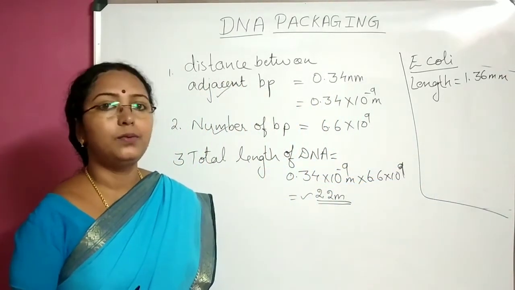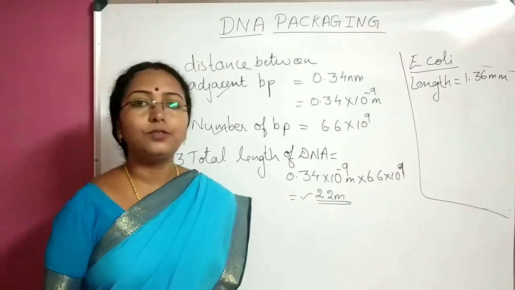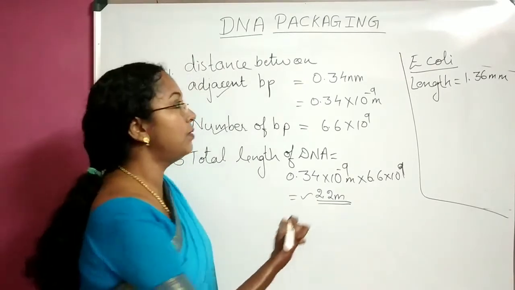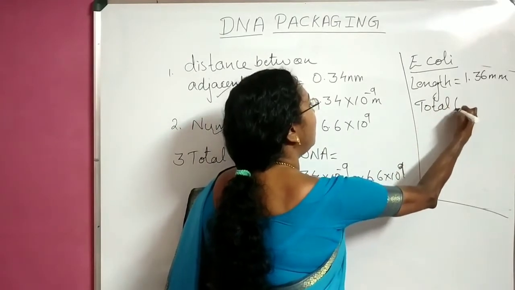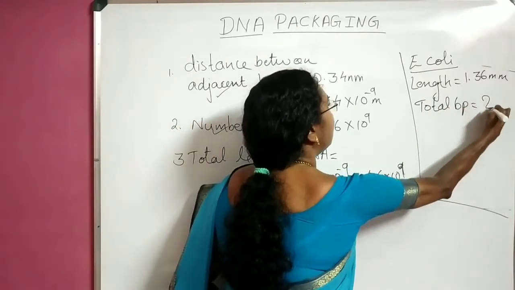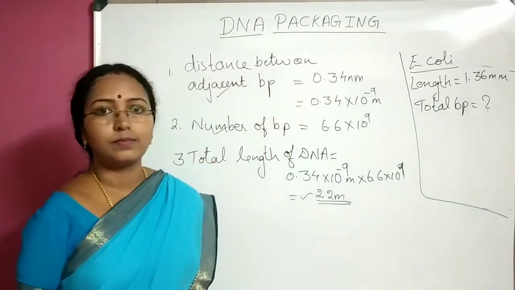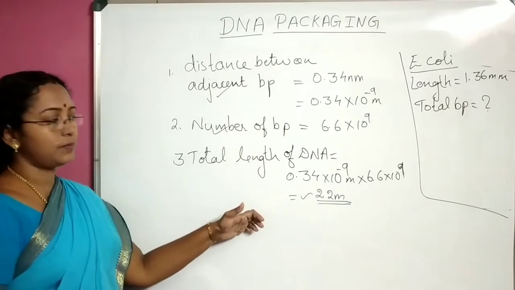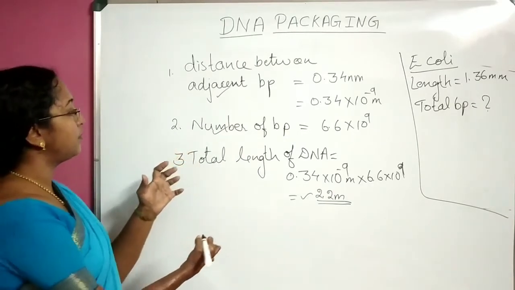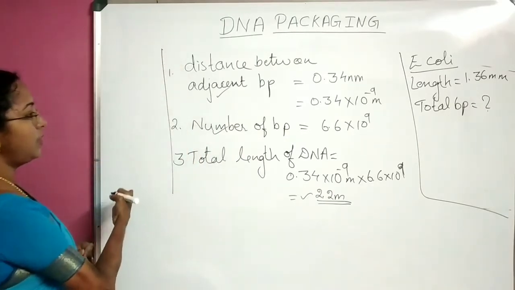And in the question, you are asked to find out the total number of base pairs. So this you have to work out. Now what relation will you use? You can use the same relation, which I'll put here in a nutshell.